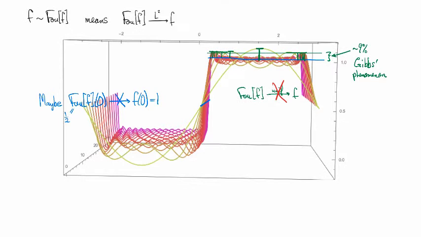So let's see. There's a theorem that if you start with a function which is in L2, so its square integral converges, then you can prove that the Fourier series of f converges to f in L2. So this is one form of the completeness property that I mentioned before.